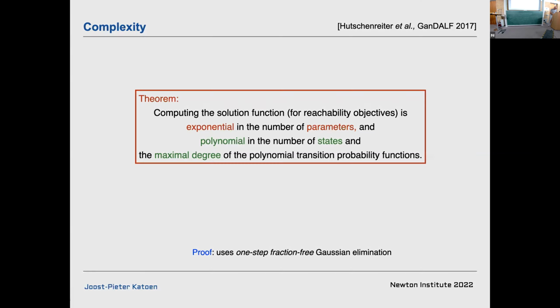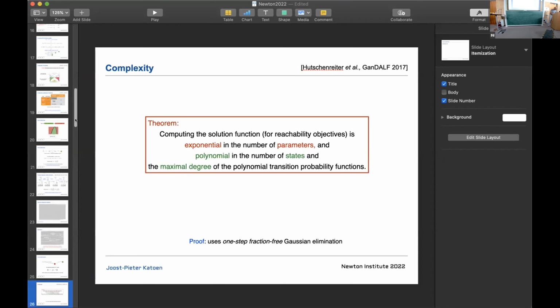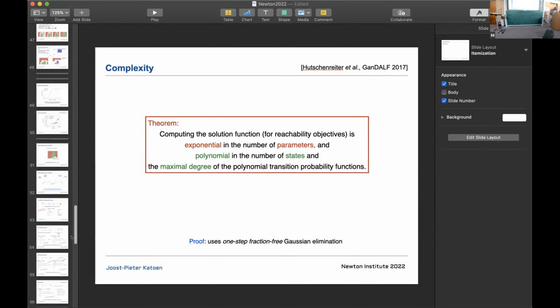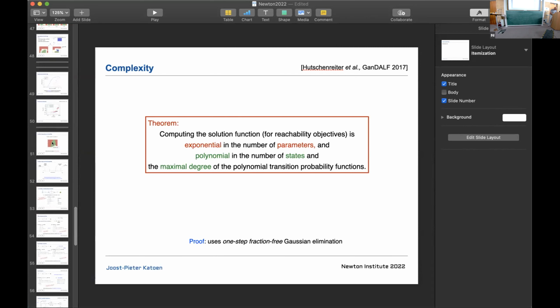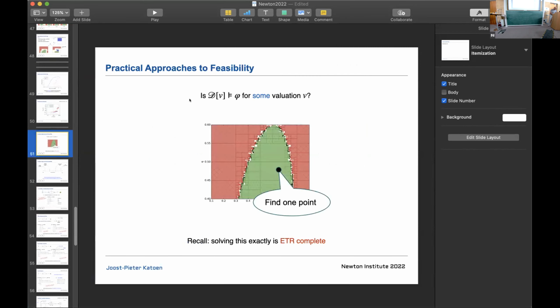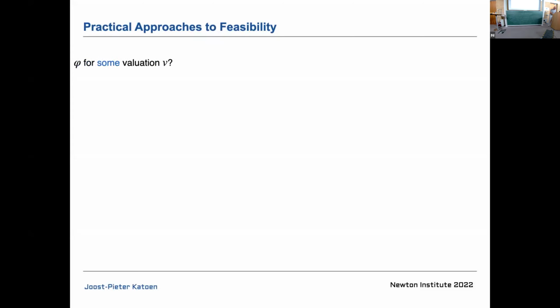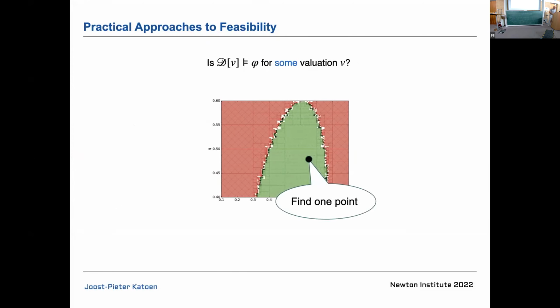I'm going to skip a couple of slides because of time. I would like to address algorithmic approaches. Here I've shown you that it is ETR-complete to find such a point, and now I would like to show you how you can algorithmically deal with this.